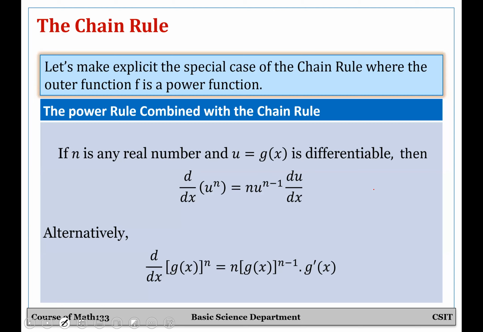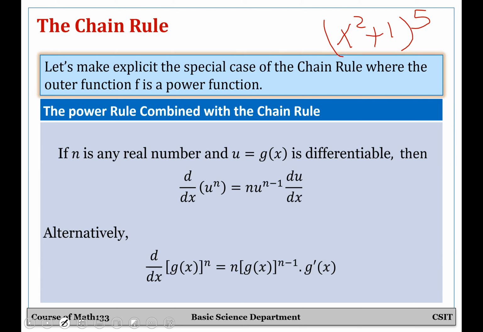And now remember that when you have a function which is powered by a number, like for example, x squared plus 1 power 5, you don't need here to write f and g and f prime, g prime. Just apply the power rule in the chain rule, okay?